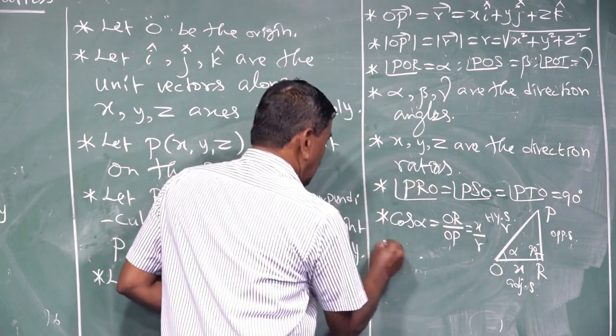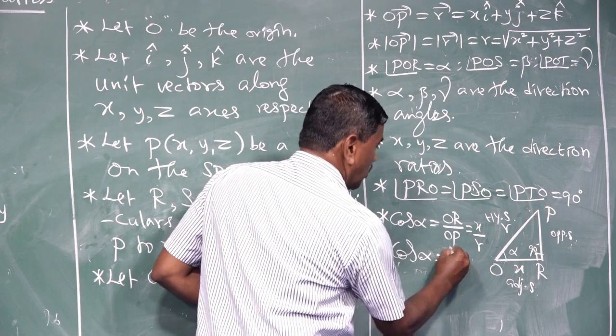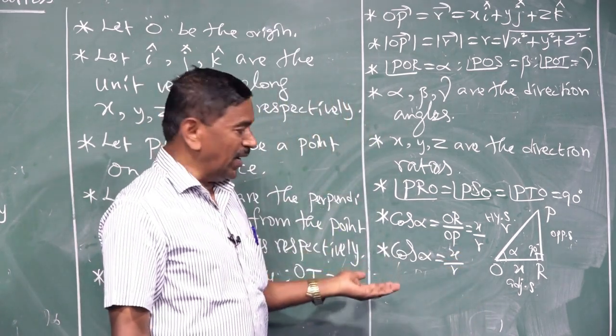Therefore, cos alpha is equal to x by r.